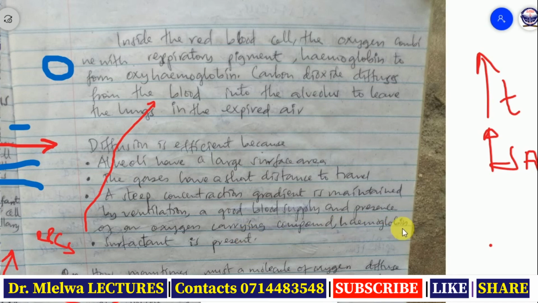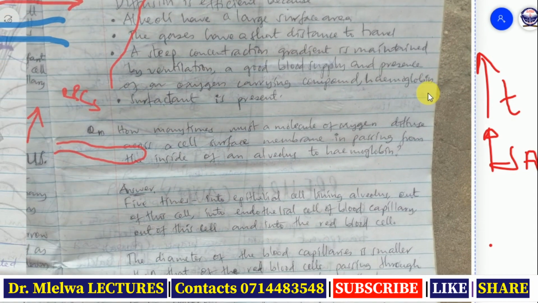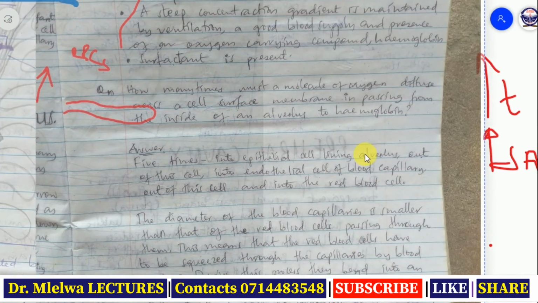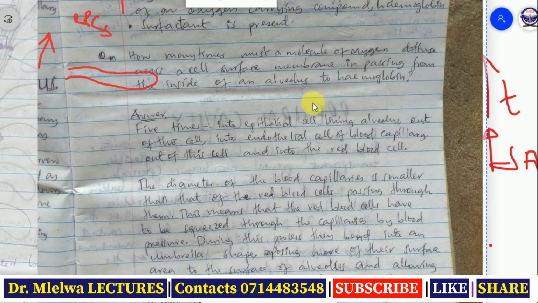There is also a question they ask, however the question is not so important because it is not an explanation question, but any question you might be asked in the exam, so it is important for you to know. They ask how many times must a molecule of oxygen diffuse across the cell surface membrane in passing from the inside of an alveolus to hemoglobin. So from the inside of the alveolus we have the epithelial lining of the alveolus.